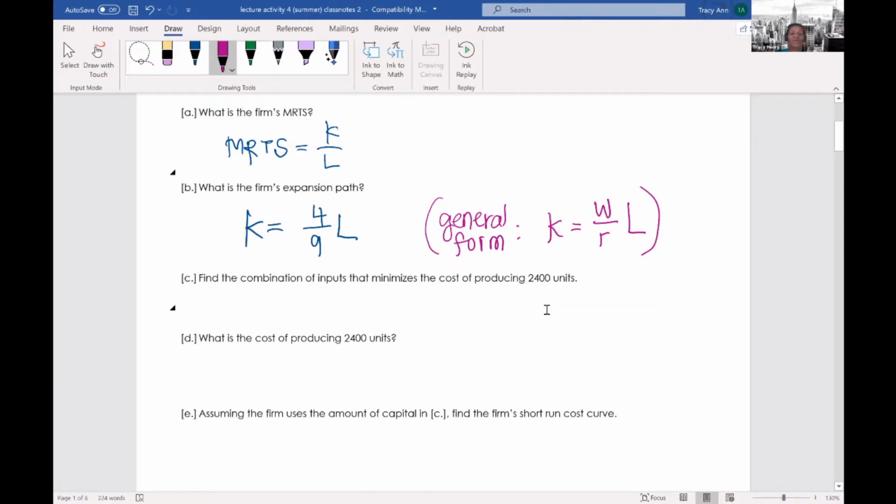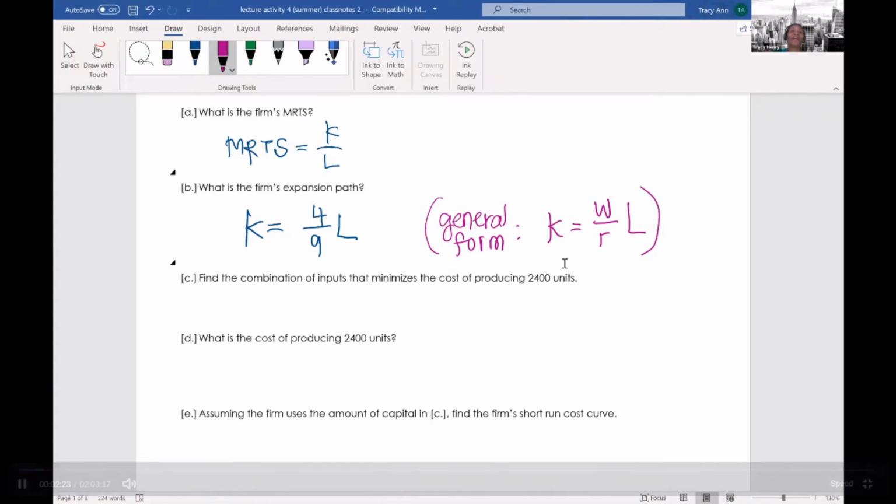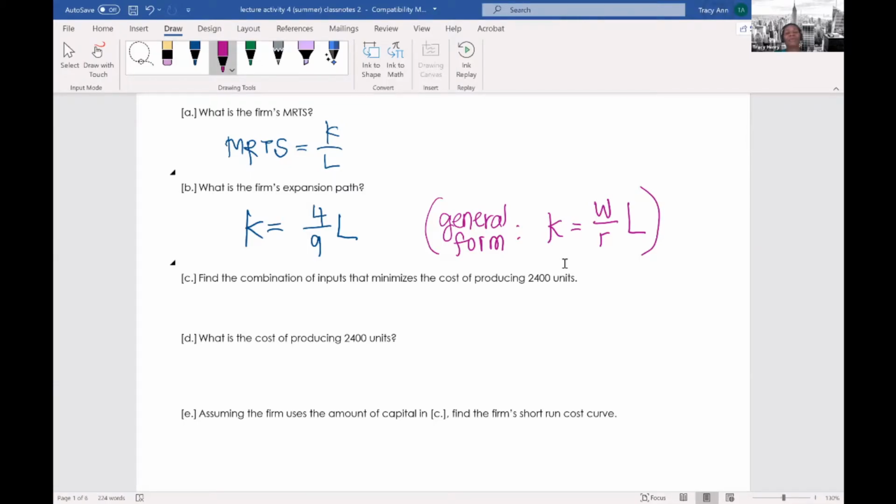Since we knew that this is our expansion path, the relationship between capital and labor, we substituted it into our production function to solve for the labor being used to produce that level of output, and then used our expansion path to determine the level of capital. So we got our L, K combination to be equal to 36, 16.